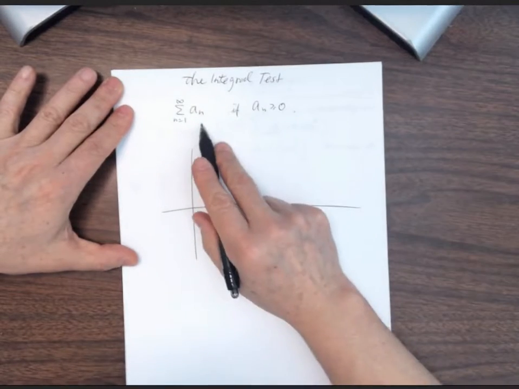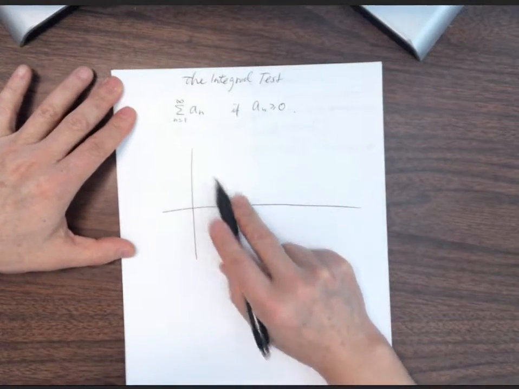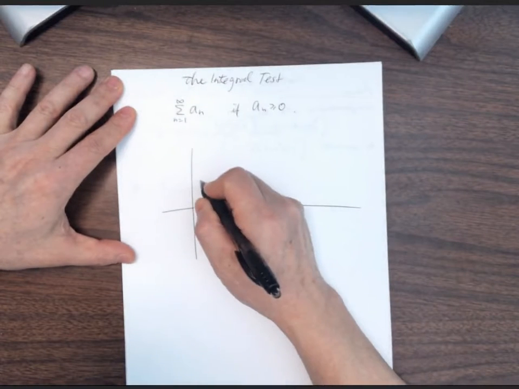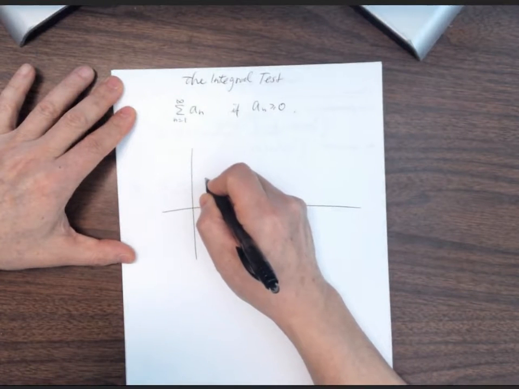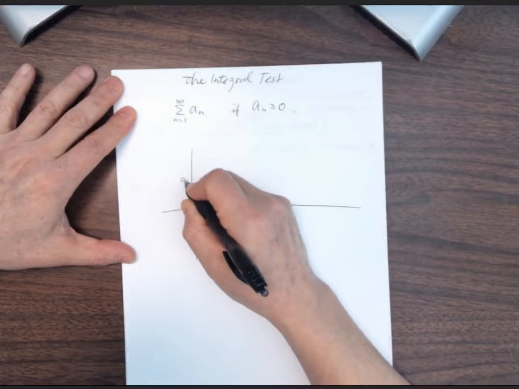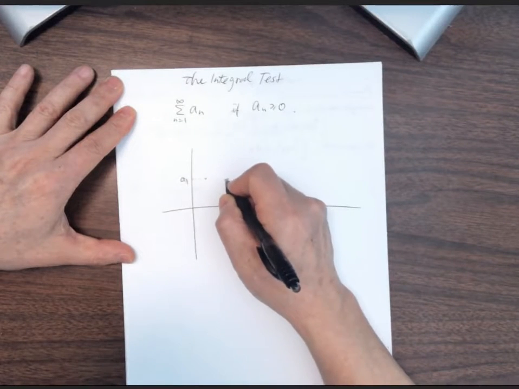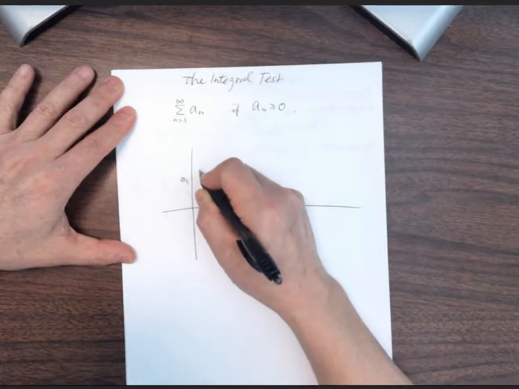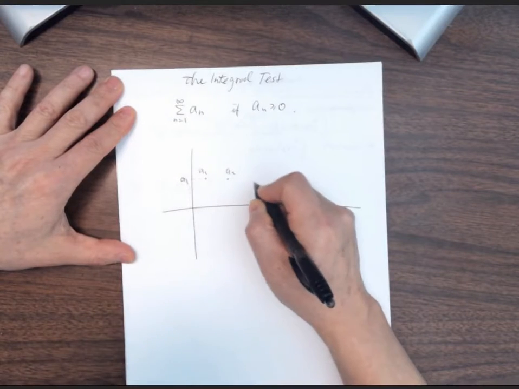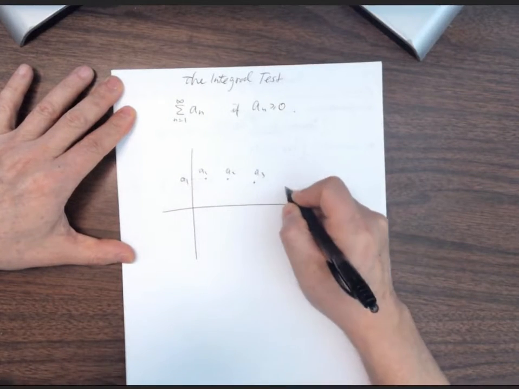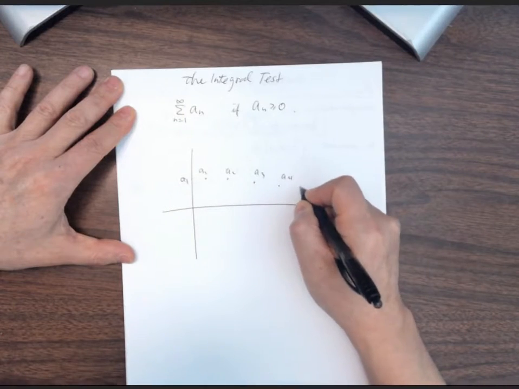If we plot those values in a coordinate system, say A1, say A2, so let's just mark it here, A1, A2, A3, A4, and so on.